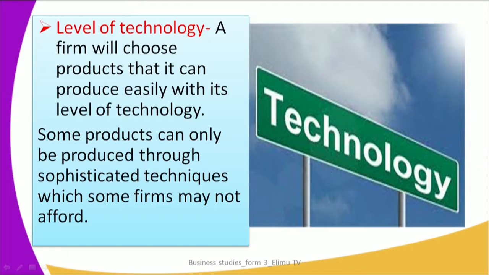Before a farm decides on what to produce, it has to first look at its level of technology, and should not go for a good whose technology is beyond its reach or not affordable, because some products can only be produced through sophisticated techniques which some farms may not afford. So a farm has to first evaluate its level of technology and find out whether it is in a position to produce that particular product.